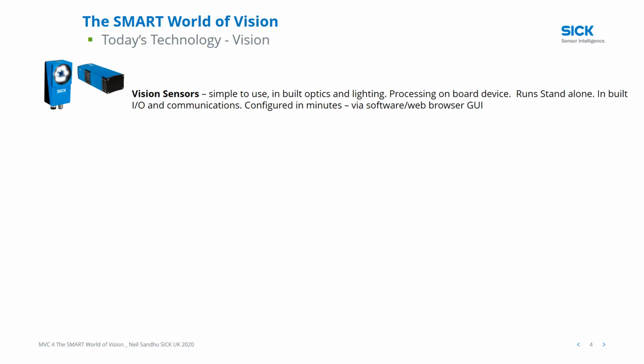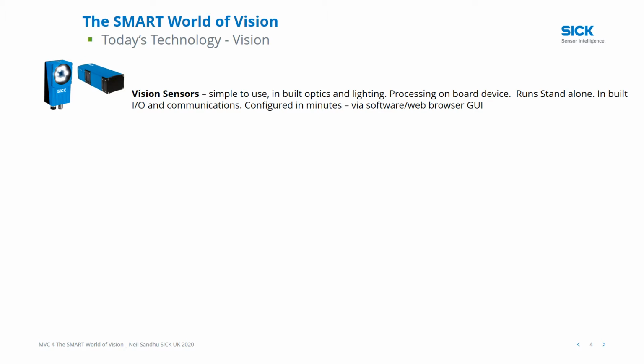Vision sensors, in essence, as the name suggests, is more like a sensor where you simply are having a power supply, be it 24 volts DC in and an output out, a bit like a standard photoelectric sensor, but also with a little bit more intelligence.